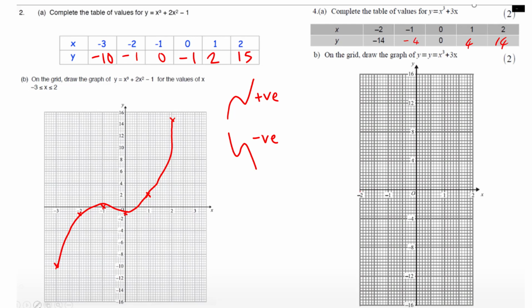I'll plot all the points. Minus 2, 14, minus 1, 4.